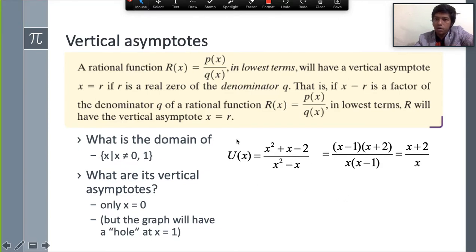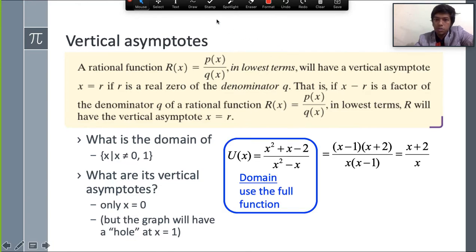Hole means you go in this direction, suppose, then there is a hole, then the graph goes again, kind of that. That means at that point, all of a sudden, that point was not in the domain. Okay, so that is the hole.